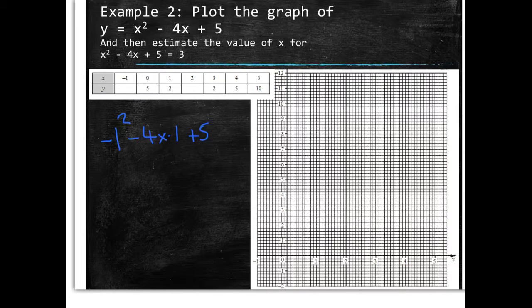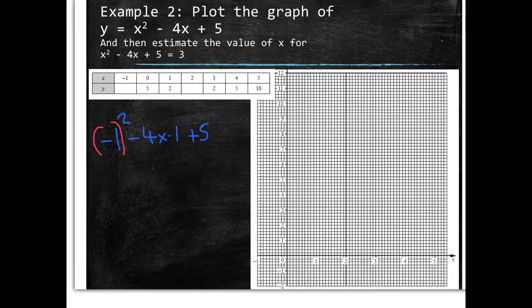If you put minus 1 squared in your calculator, you will end up with a number that says minus 1. That's incorrect. Your calculator struggles to do negative numbers squared unless you're quite precise about what you want it to do. You need them in brackets. If you did minus 1 in brackets squared, it will give you the right answer. It will give you 1.